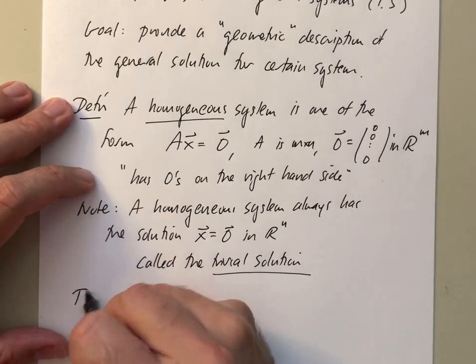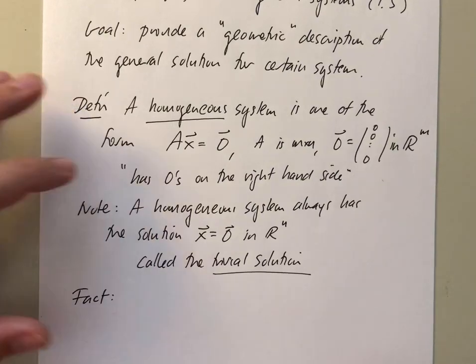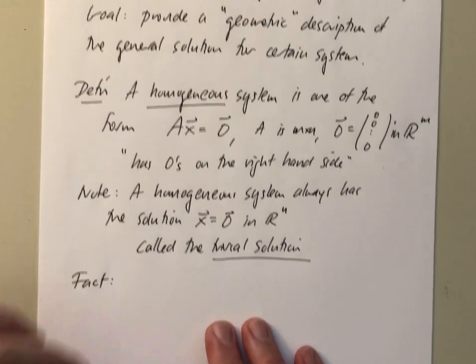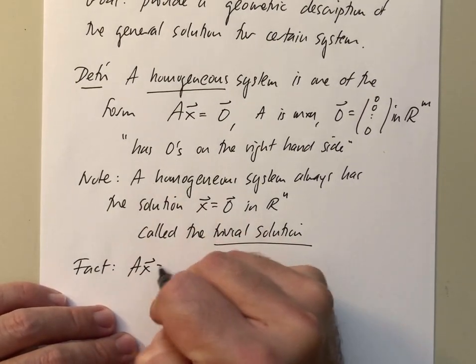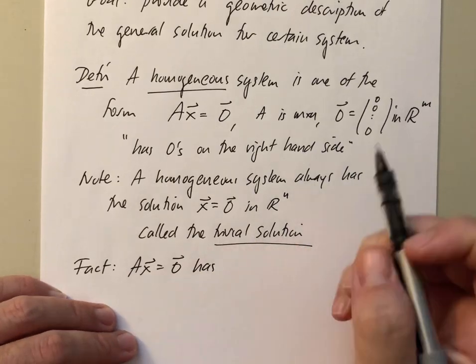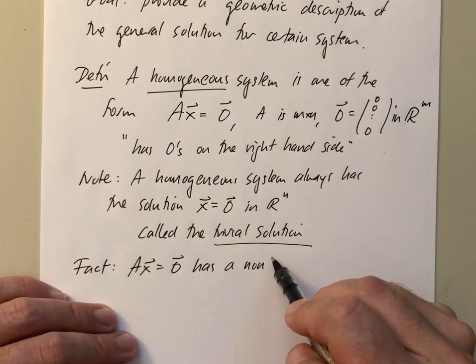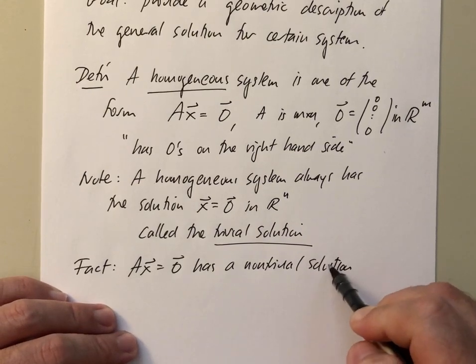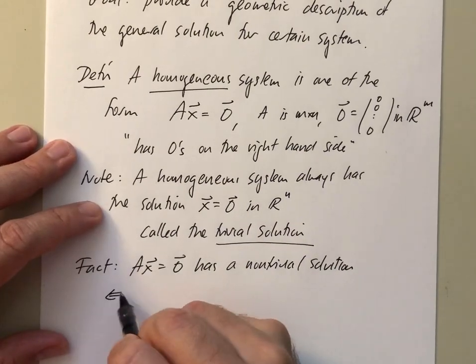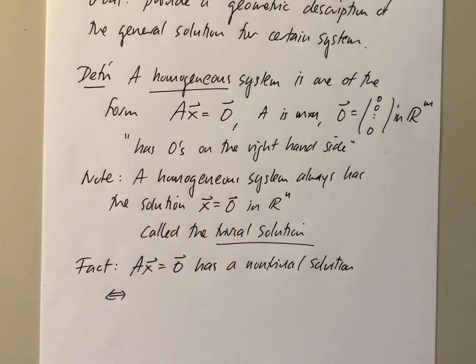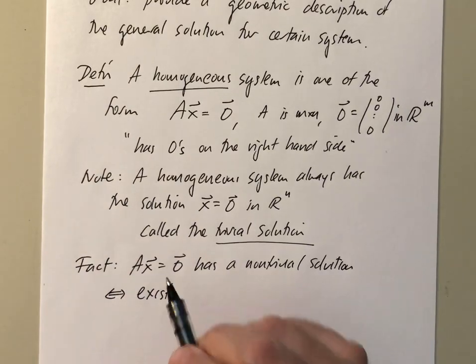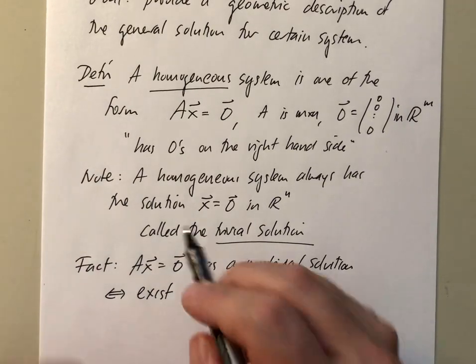Another important fact we can draw from this: we know this thing is always consistent, so now the question is, does it have one or infinitely many solutions? That is, when does AX equals 0 have a non-trivial solution, another solution? How do I detect that? As usual, this is detected by your echelon form. As you know, this will happen if and only if you have a free variable.